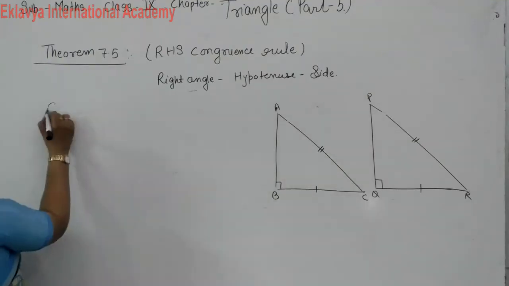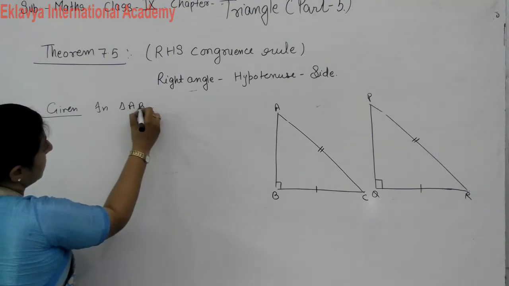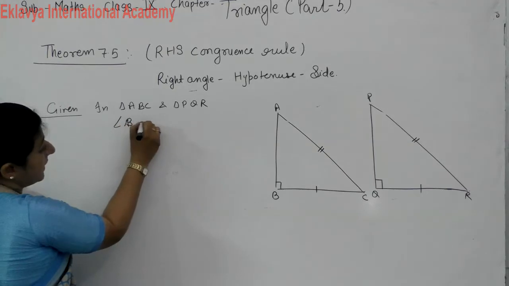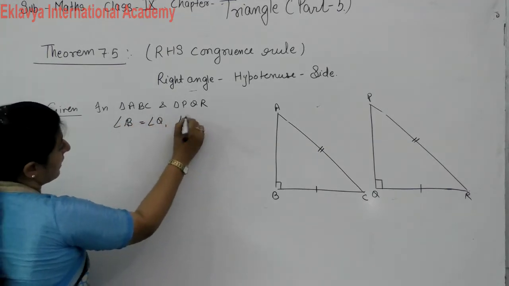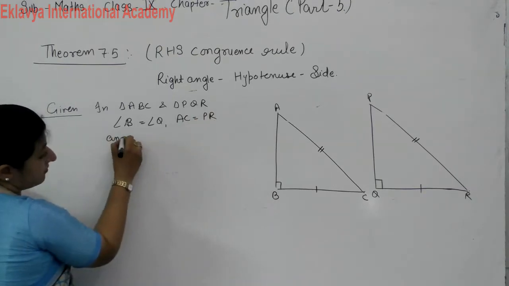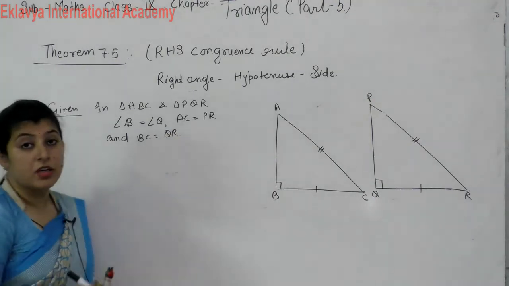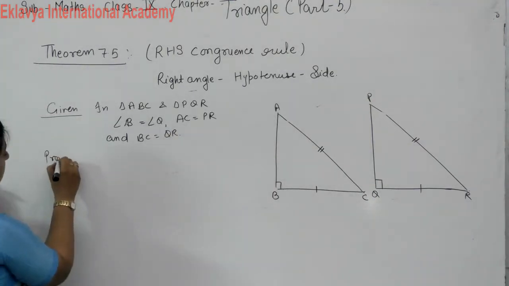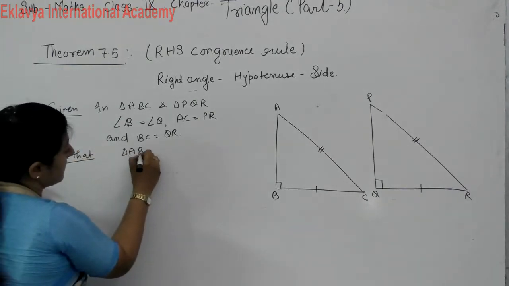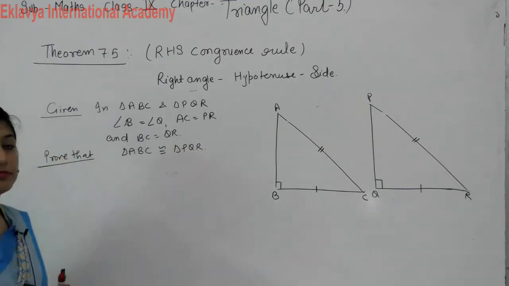So given, in triangle ABC and triangle PQR, angle B is equal to angle Q, AC is equal to PR, and BC is equal to QR. Prove that triangle ABC is congruent to triangle PQR.